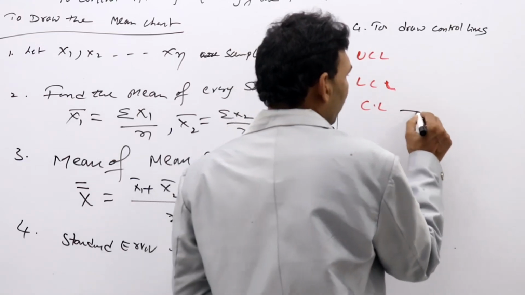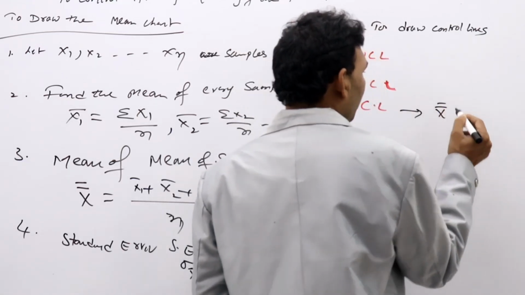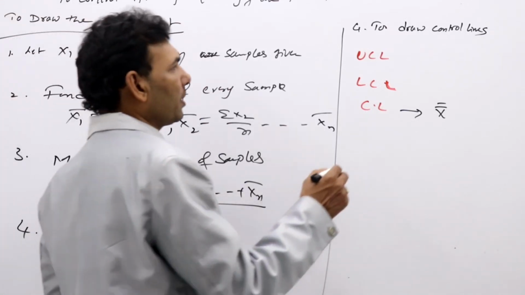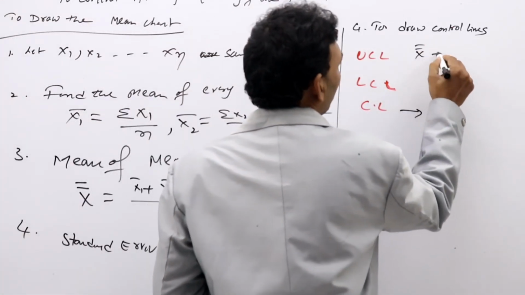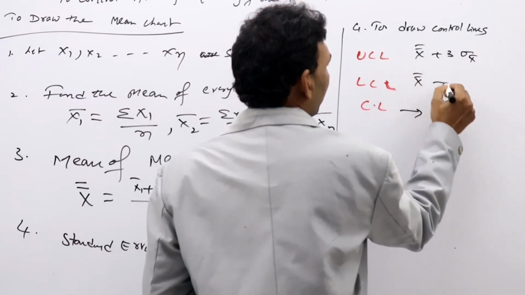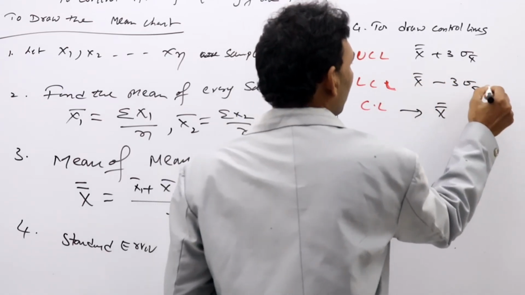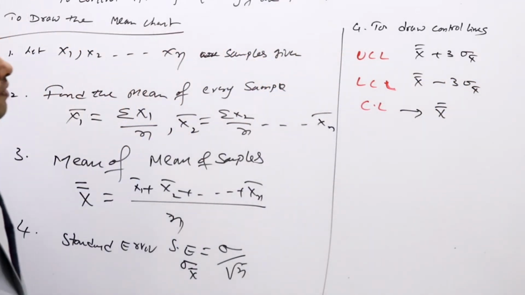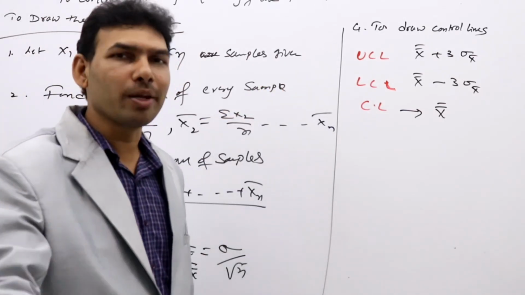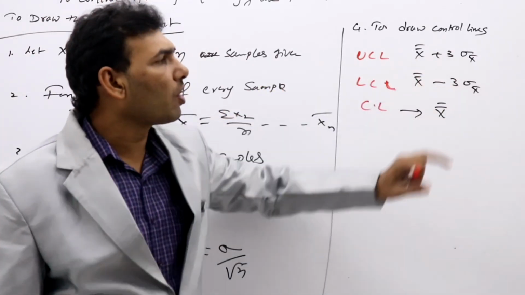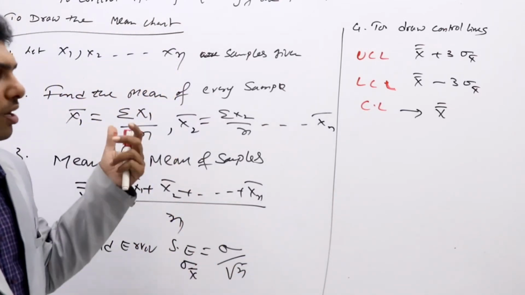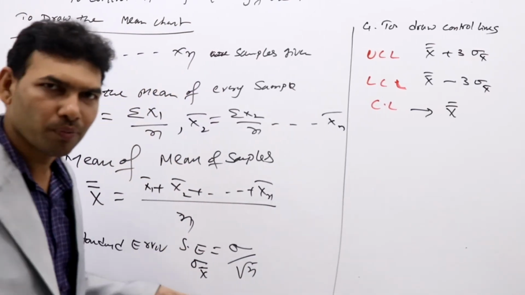The control line for the mean chart is generally x double bar. The upper control line is x double bar plus 3 sigma x bar, and the lower is x double bar minus 3 sigma x bar. When standards are given, we call these limits 3 sigma limits. When standards are given, x bar, sigma, all are known.